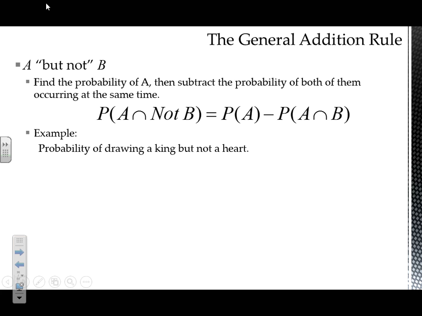Okay, so if we put this into an example here, we want the probability, drawing from a standard deck of cards, probability of drawing a king but not a heart. So if we're looking at our formula here, that says to find the probability of drawing a king minus the probability of drawing a king that is also a heart.